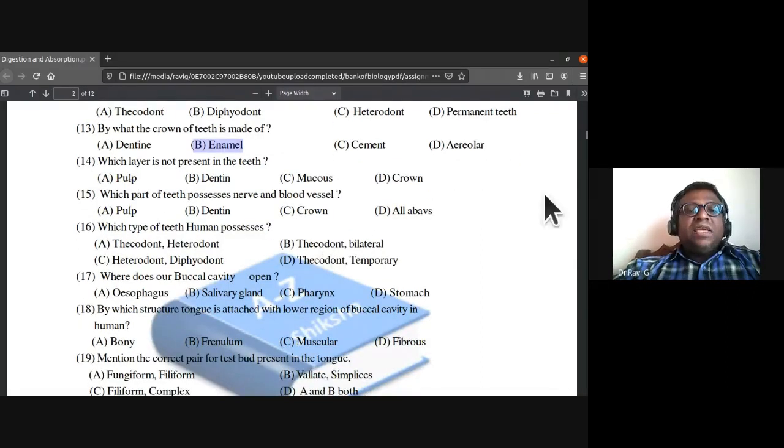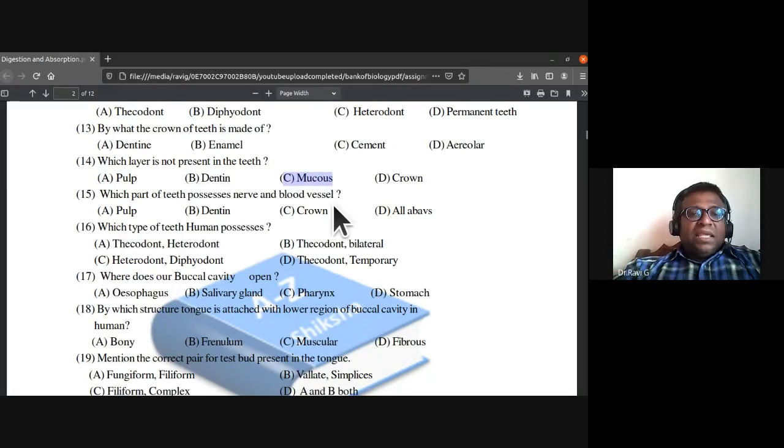Okay. Which layer is not present in the teeth? Pulp, dentin, mucus, crown. So which layer is not present in the teeth? See, mucus is not present in the teeth.